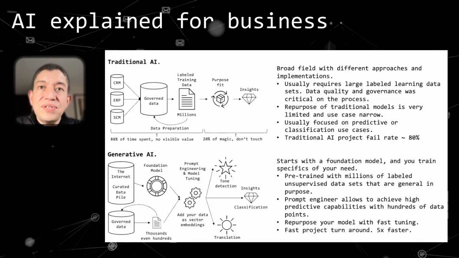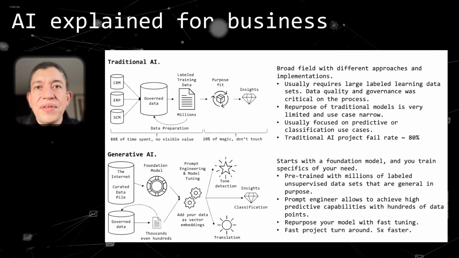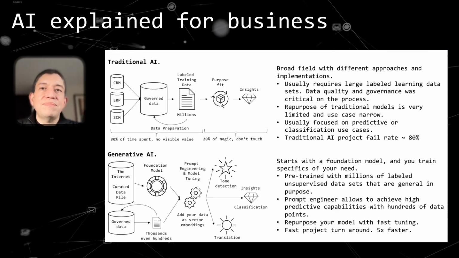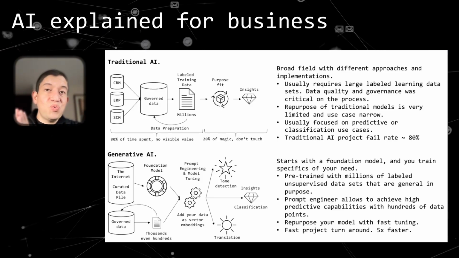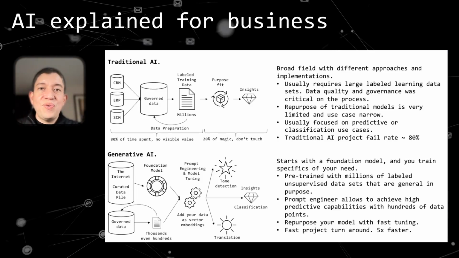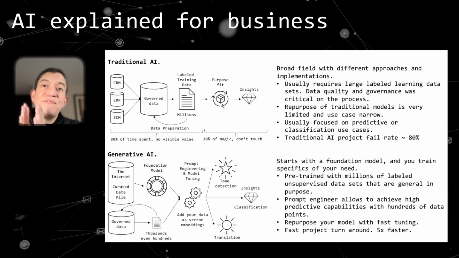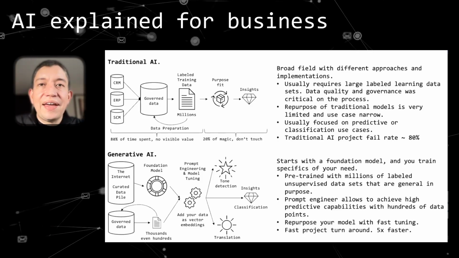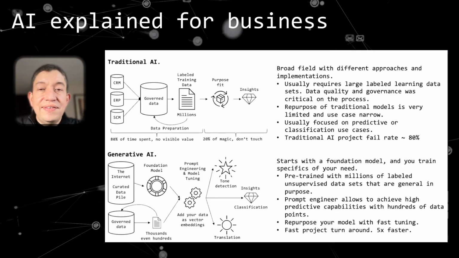And what we have seen in the market is that the same teams, in the same time that they brought one traditional model to market, were able to deploy 5 generative AI use cases. That is amazing.